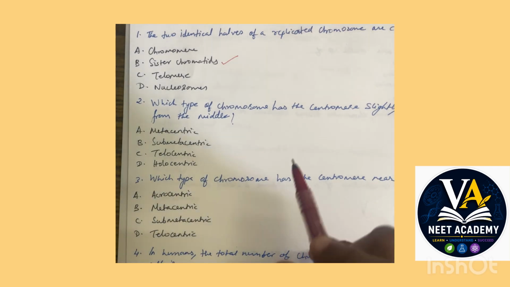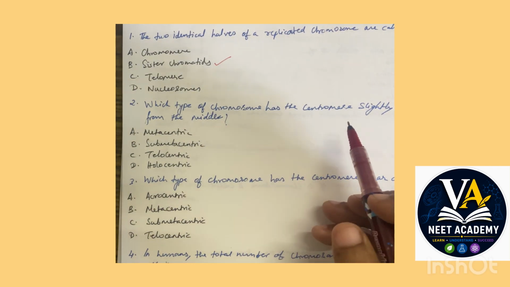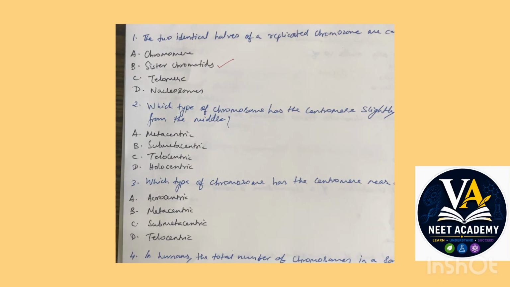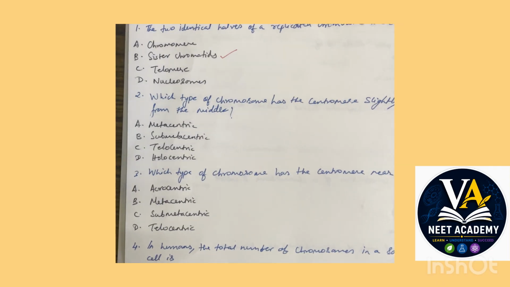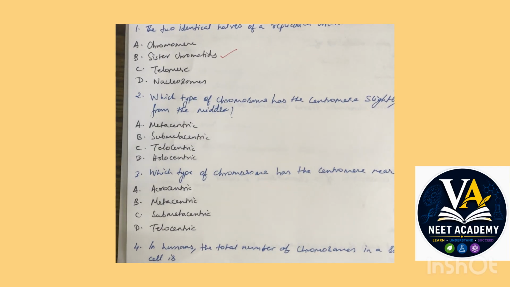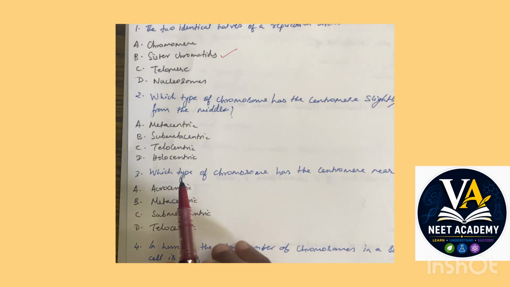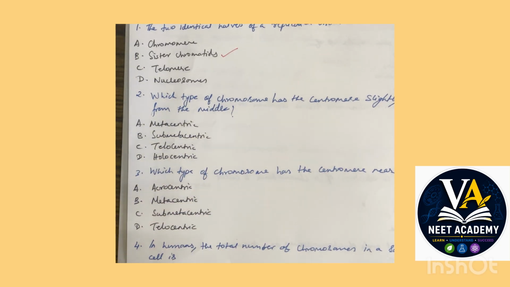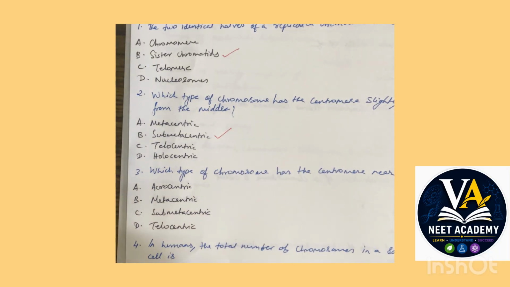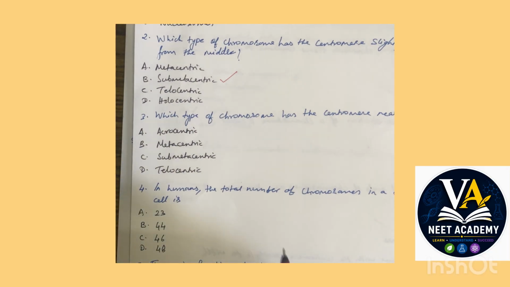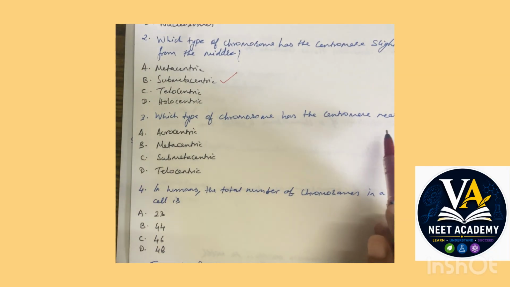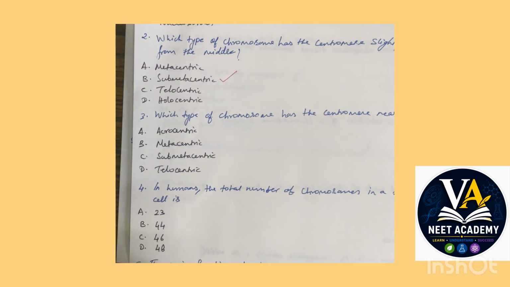Which type of chromosome has the centromere slightly away from the middle? Just now we saw, slightly away from the middle, off center. Is it metacentric, submetacentric, telocentric or holocentric? It is submetacentric.